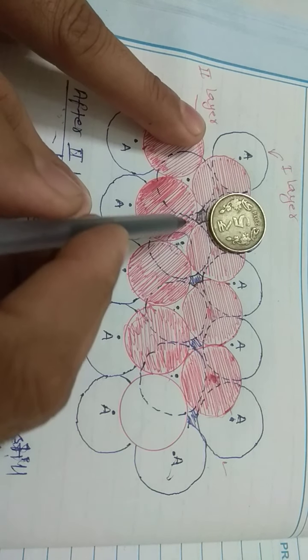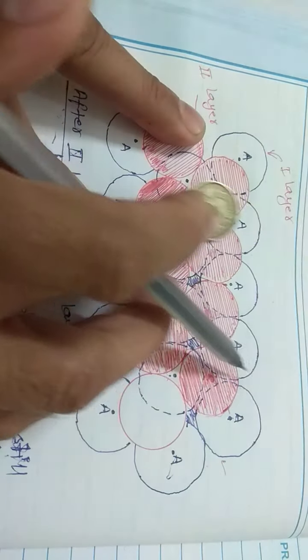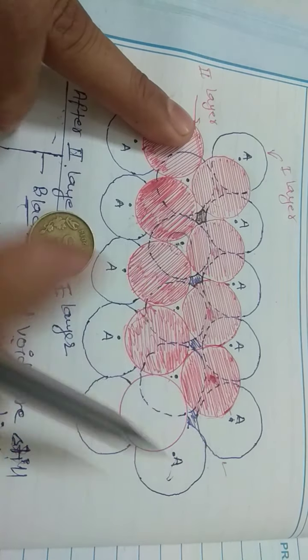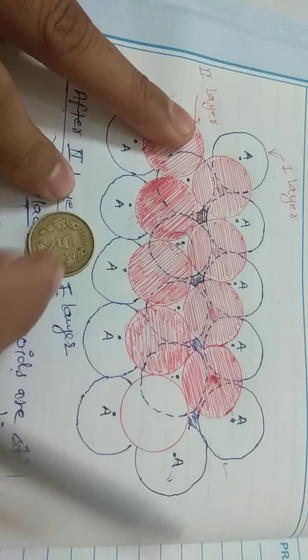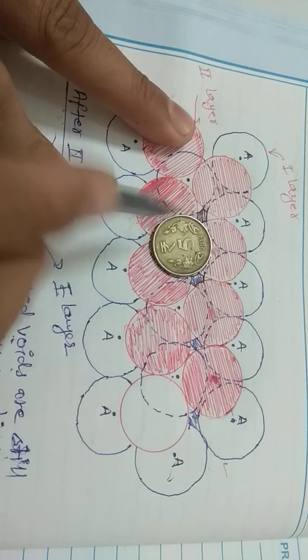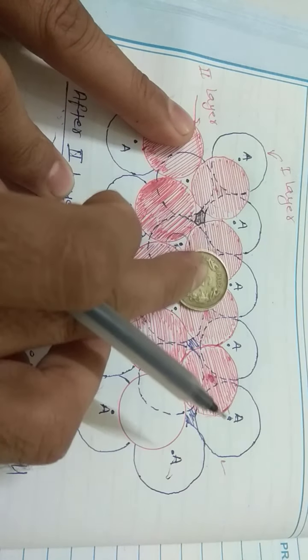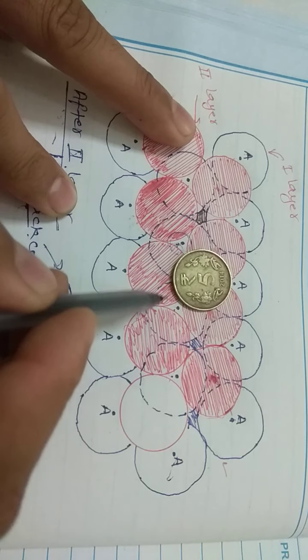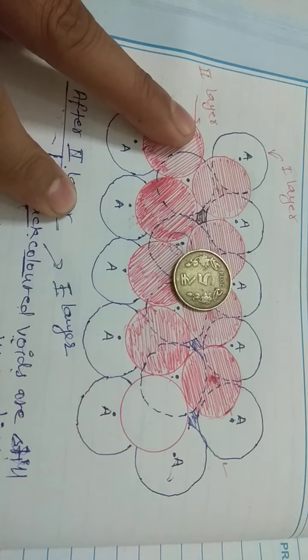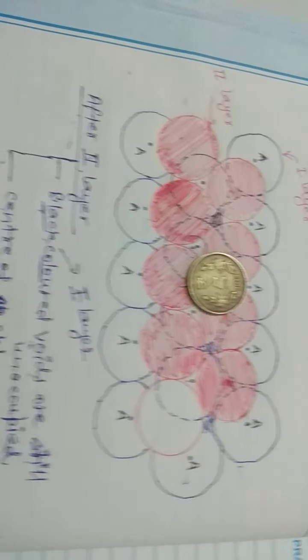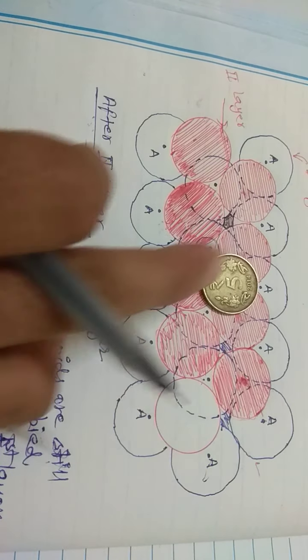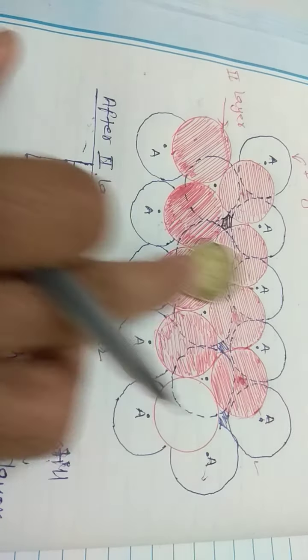You can either occupy black or you can occupy A. Come to here, this is A. If I occupy this, then you see two blacks are unoccupied. And if I occupy the black, then you see A is unoccupied. So this is the limitation. At one time you can occupy either A or the black void.